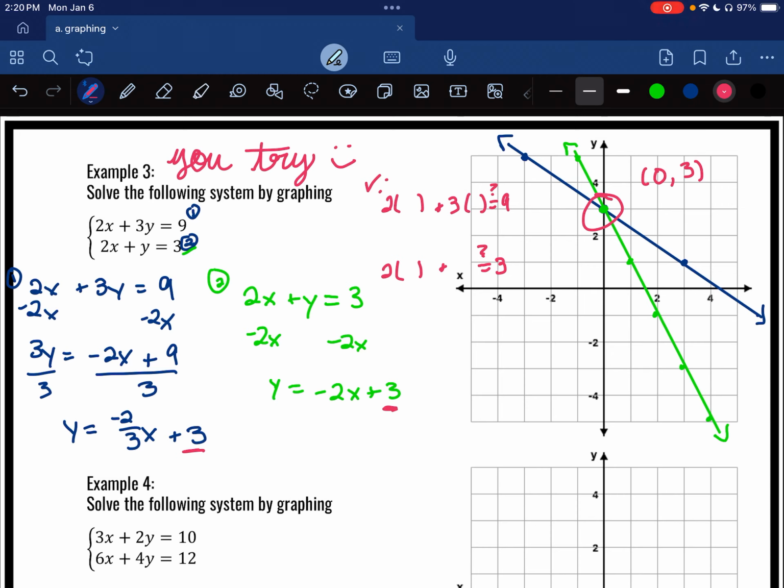Now I'm just going to plug in 0 for x, 3 for y. This one will come out to be, this cancels, this cancels. This is 9 is 9, 3 is 3, and we are good to go. So we know that y-intercept of 3, or 0, 3, that is our solution.